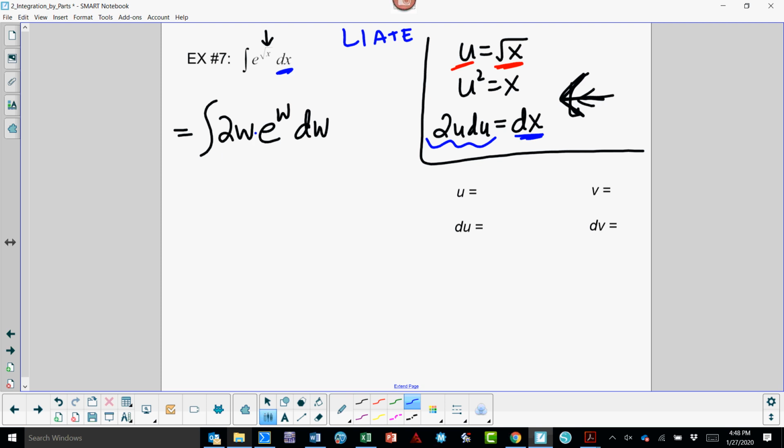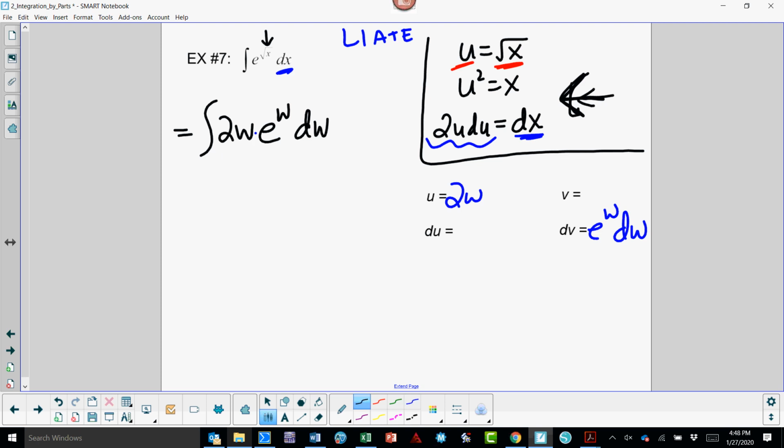So algebraic we have 2w. So we're going to let u equal 2w, which means that dv is the stuff that's left, which is, and I'm going to have to move this over, dv is going to be e to the w dw. Okay, so that's going to be the part that's left.